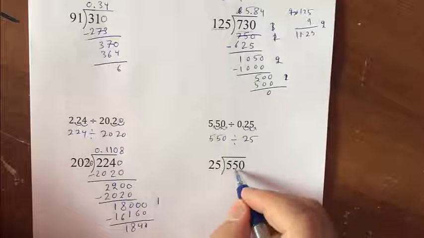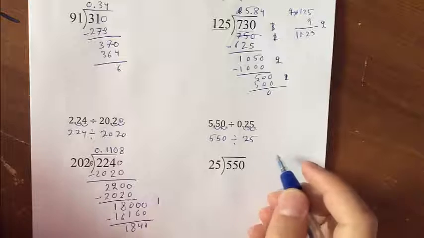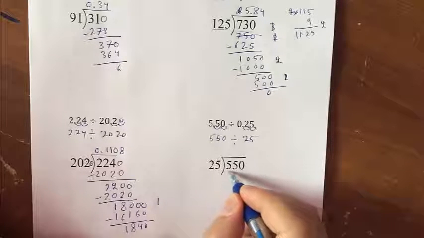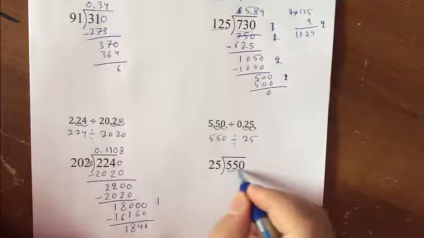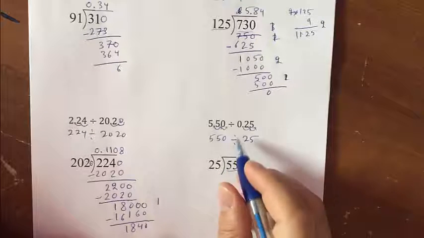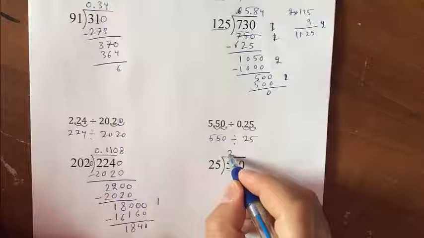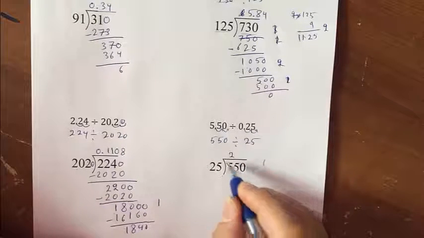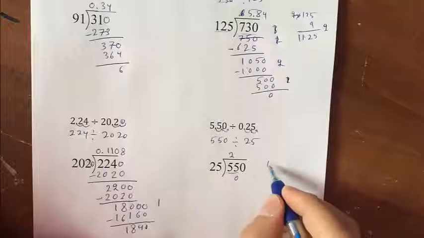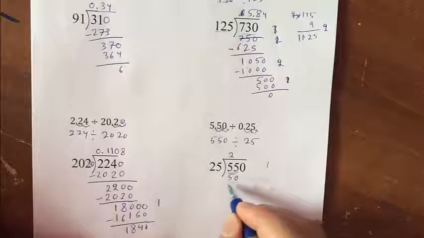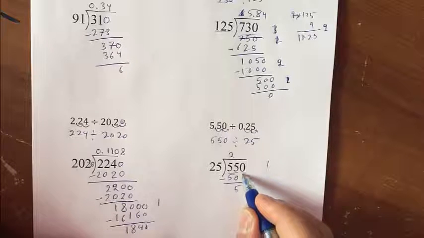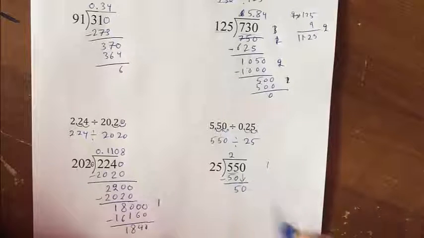How many times does 25 go into 550? Actually we use two numbers because 25 goes into 55. Then how many times? 2. 2 times 5 is 10. Carry over 1. 2 times 2 is 4, 4 plus 1 is 5. Subtract it. 5 will be left. Then we bring down the 0 here.